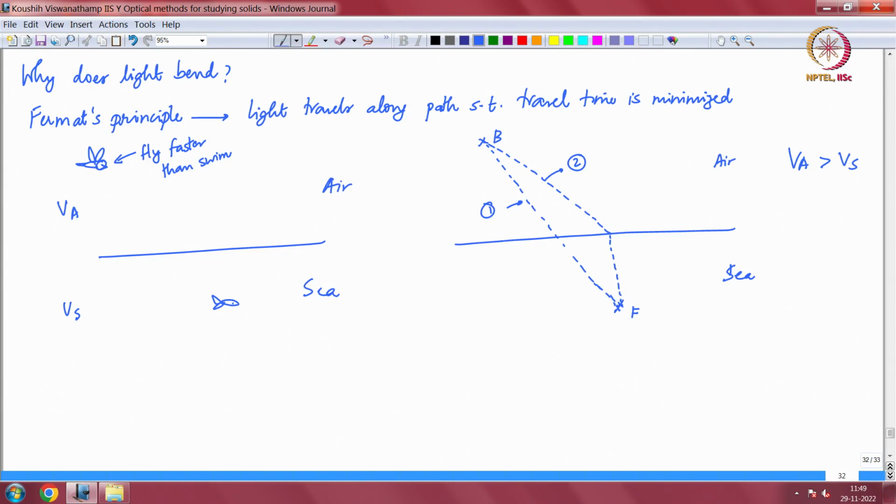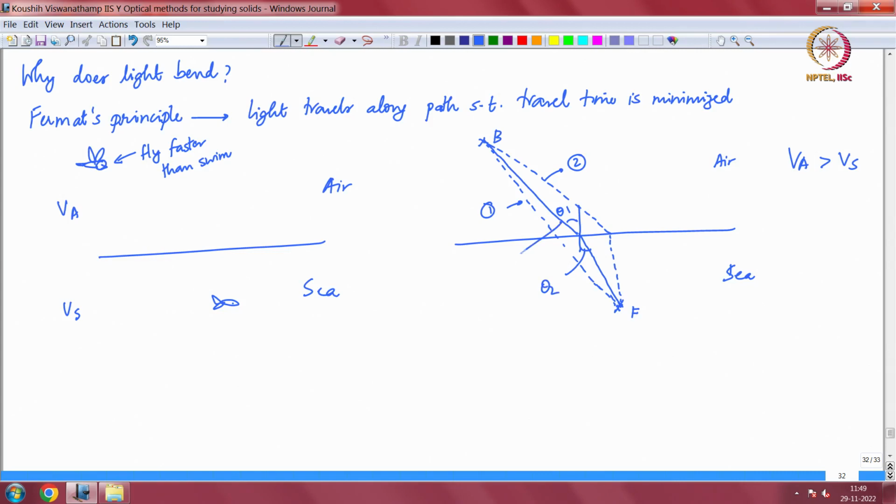And so the optimal solution is if it takes a path that is inclined at an angle theta 1 and an angle theta 2, okay.